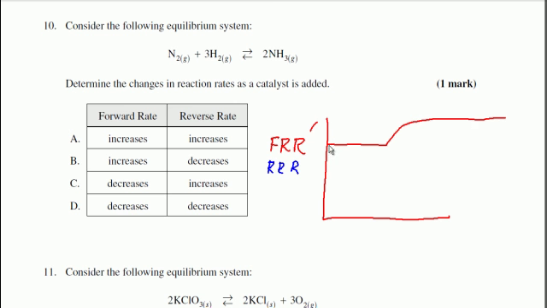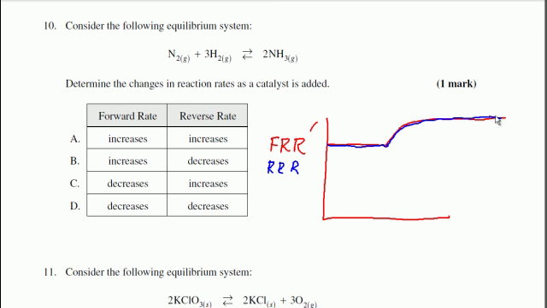But the interesting thing is that a catalyst works both for the forward reaction and it also works for the reverse reaction. So for the reverse, it's at equilibrium, so it's the exact same as here. Now, since the catalyst works for the reverse reaction just like the forward reaction, when you add the catalyst, it increases at the exact same rate.